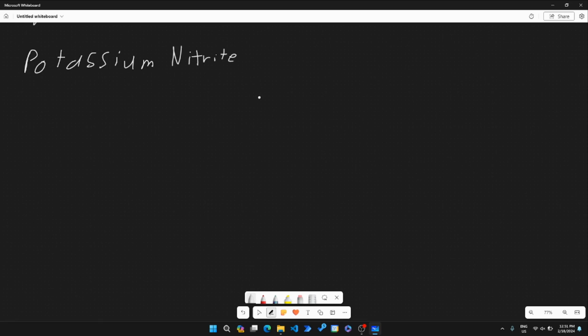If we remember, potassium forms a charge of +1. So this is K and +1. And then we have our NO3, and this forms a charge of -1. So then this will go here, and that will go there, and eventually you'll just get KNO3.